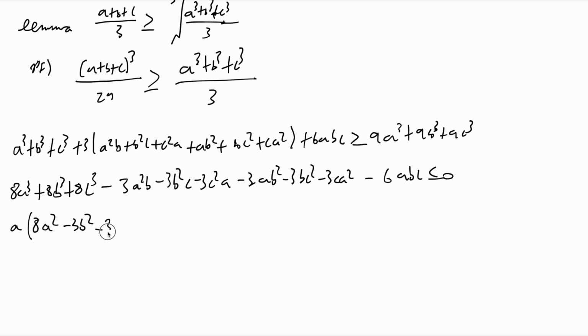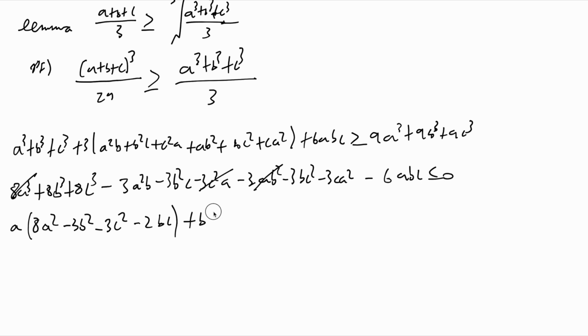Minus 3c squared, so we use this one, and then I want to do 2bc, and the reason why I did that is because we can divide 6 by 3, and also I thought we can factorize this thing somehow.